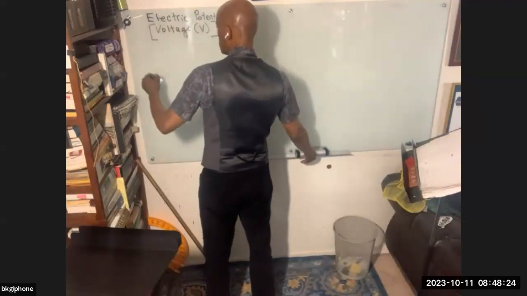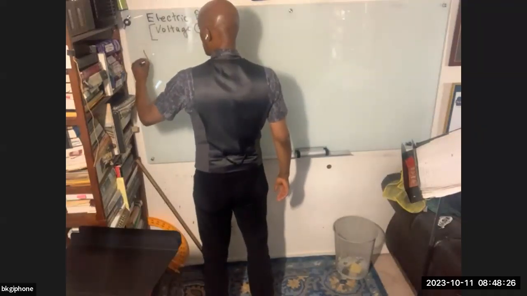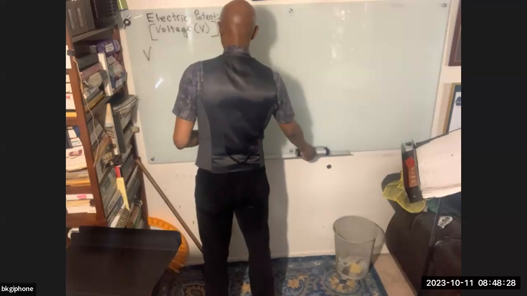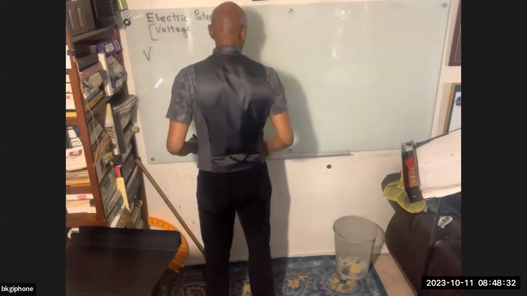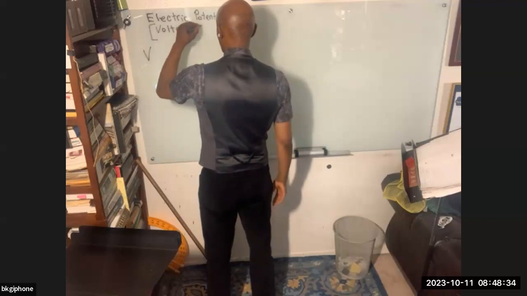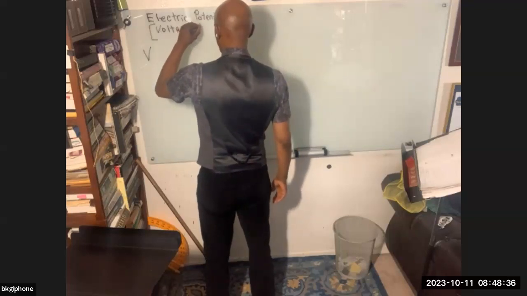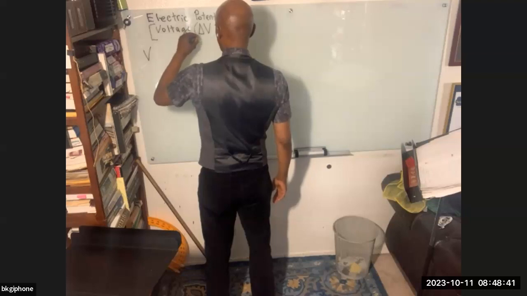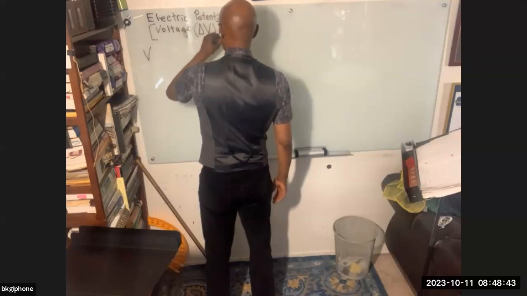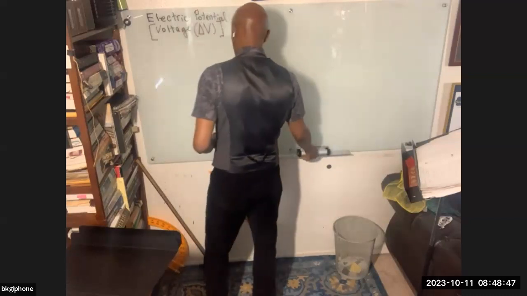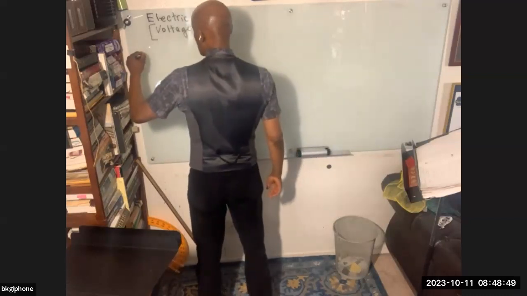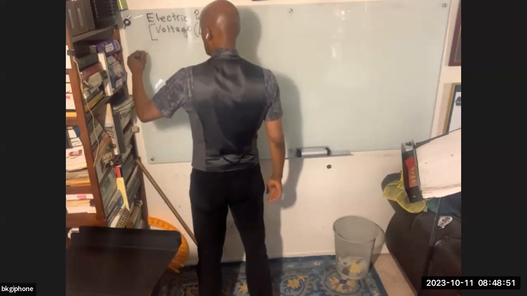So the general definition of voltage: it doesn't really make sense to talk about voltage at a point. Rather, it makes more sense to talk about the difference in voltage between two points. Same as potential energy, it's really the change in potential energy that we're concerned with.